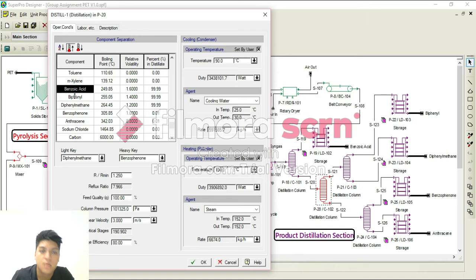Benzoic acid, biphenyl, and diphenylmethane were set to have relative volatility of 1.6, 1.4, and 1.2 respectively, with 99.99% in distillate. Whereas for benzophenone and anthracene, the relative volatility was 1 and 0.8 with 0.01% in distillate.